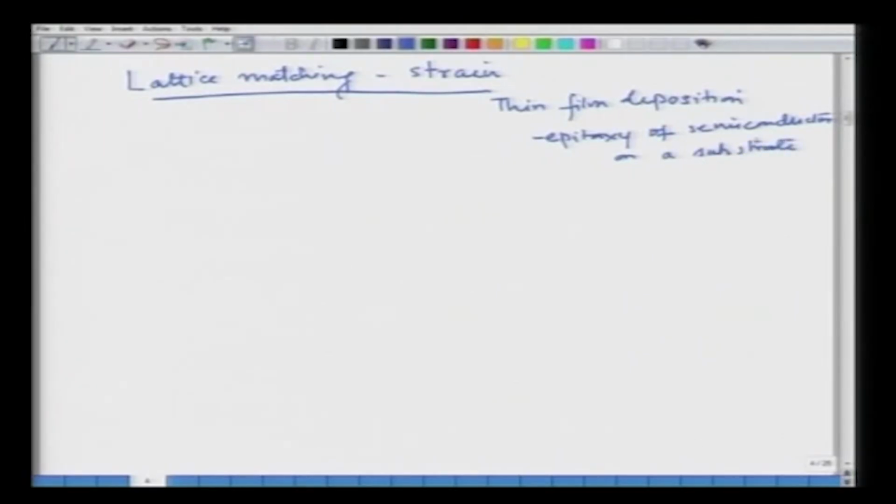In this process, depending on how my material is going to lattice match with the substrate, my material may have a different structure. It introduces strains in the material.